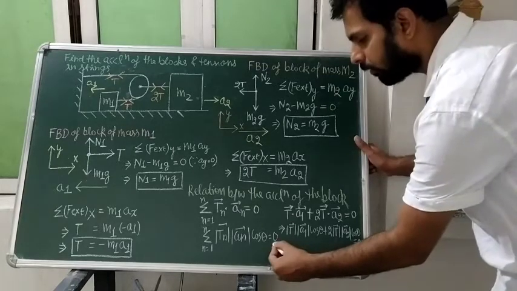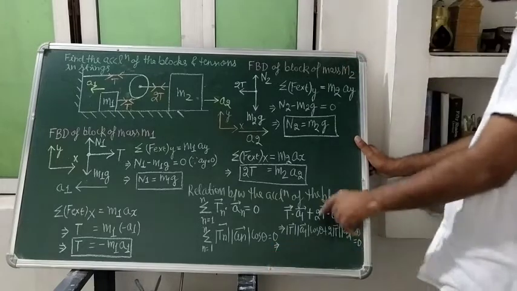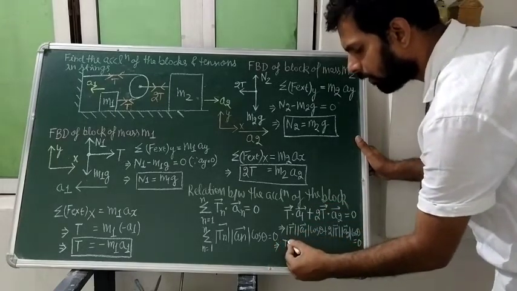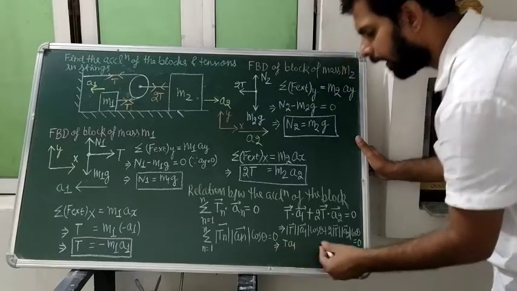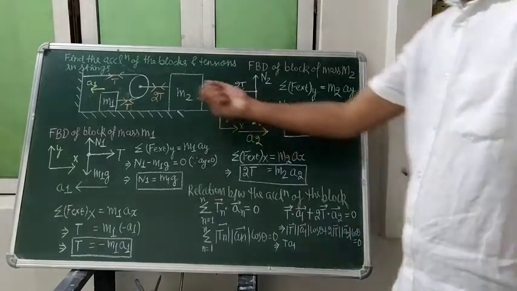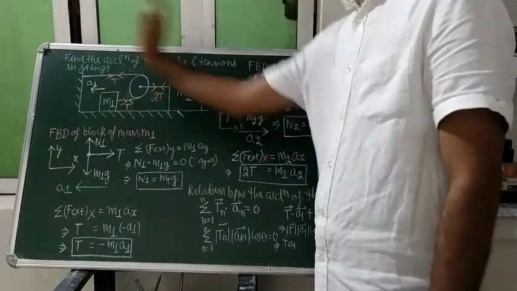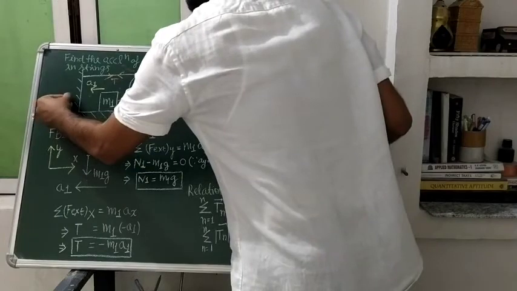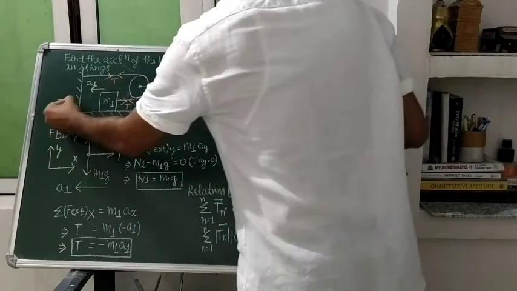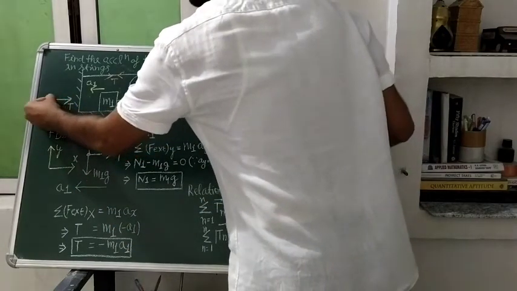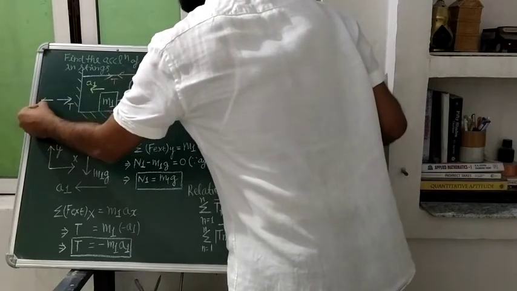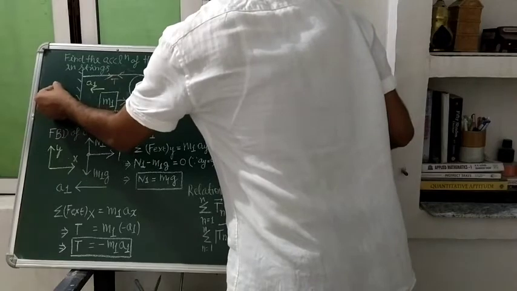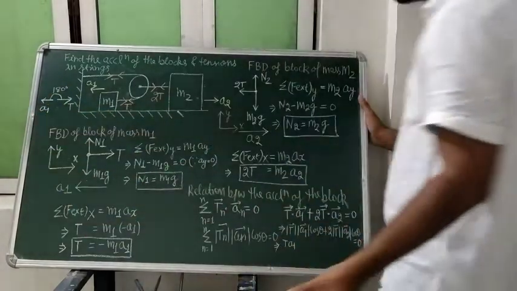The magnitude of the tension is T, and the acceleration is A1, and for cos theta, the tension is in this direction and the acceleration is in the opposite direction. So for the block of mass m1, T is acting in this direction and A1 is acting in this direction, as you have assumed, so the angle between them will be 180 degrees.